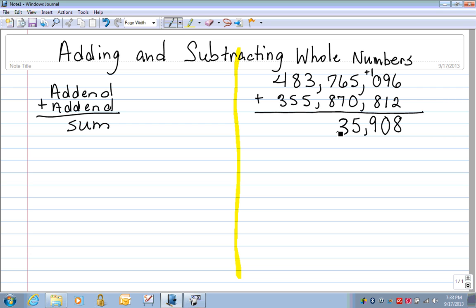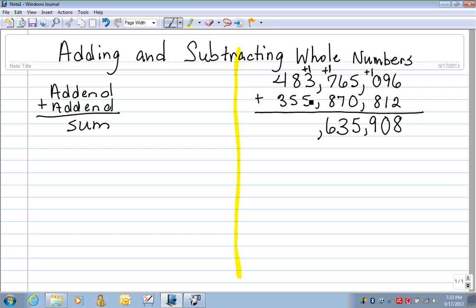So I place my 3 and then I add my 1 from the 13, or the 10 from the 13, to the next place value. 7 plus 1 is 8, and 8 plus 8 is 16. So I place my 6 and then I add the 10 from the 16, or the digit 1, to the next column.